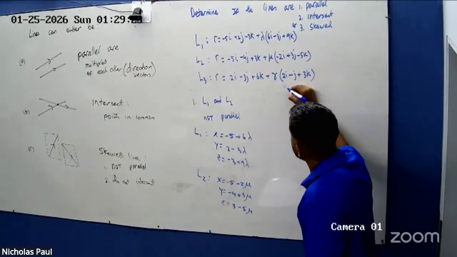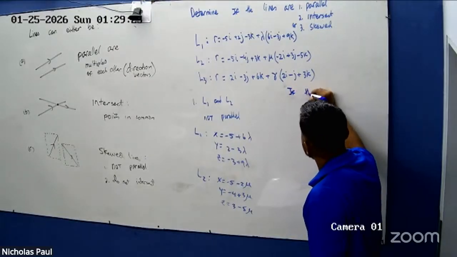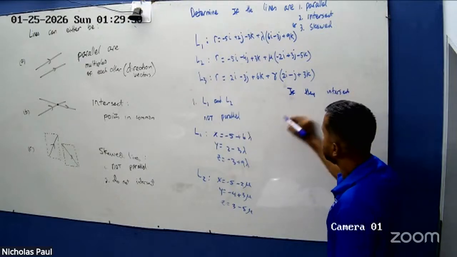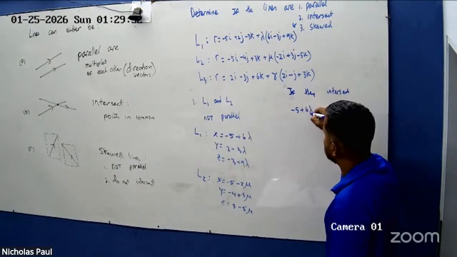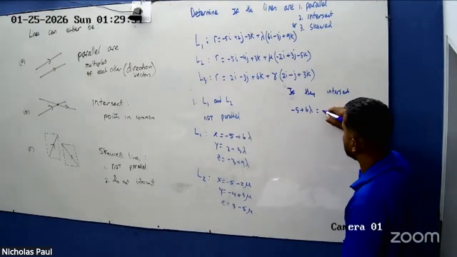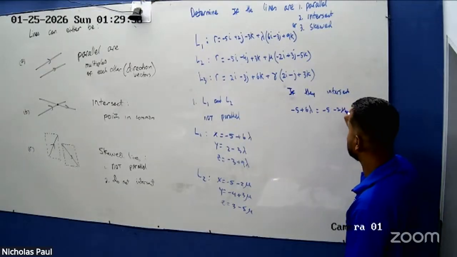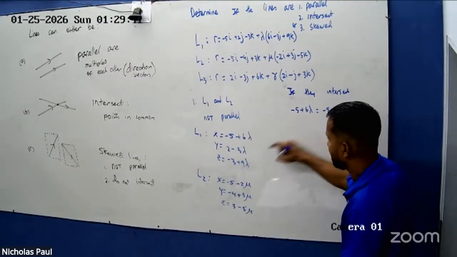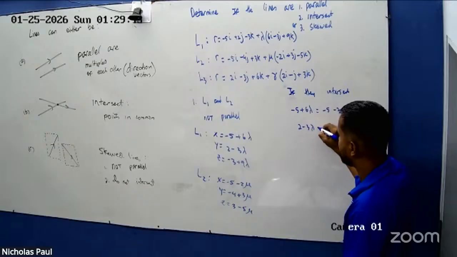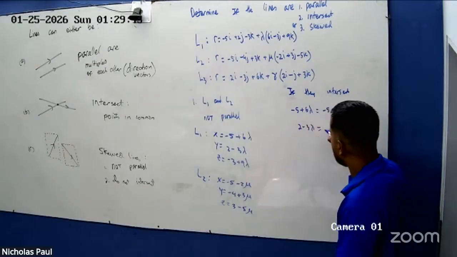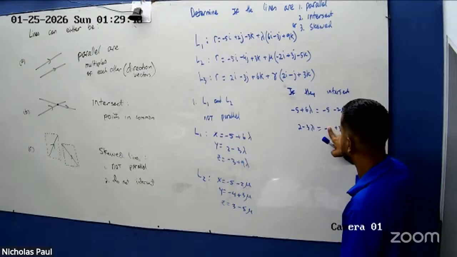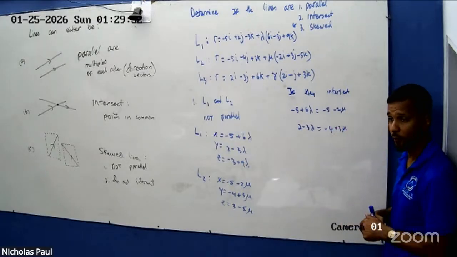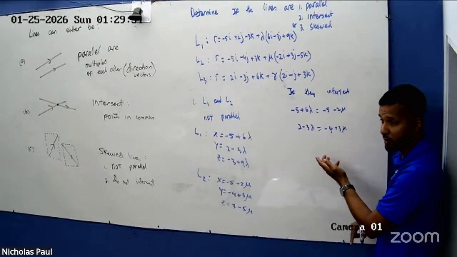So if they intersect, minus 5 plus 6 lambda should be equal to minus 5 minus 2 mu, and 2 minus 3 lambda should be equal to minus 4 plus 3 mu. Are you okay with that? These two things should be equal, right?